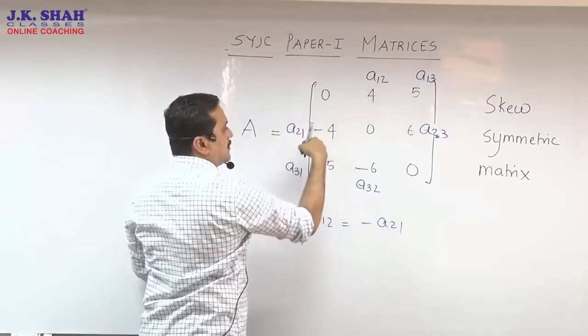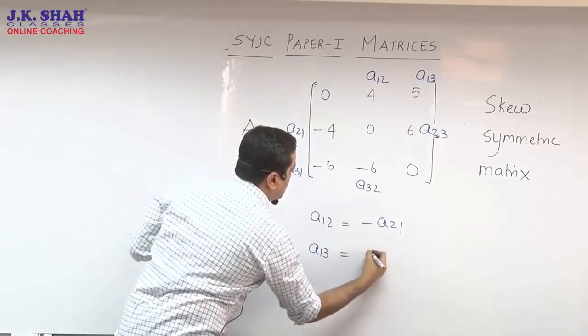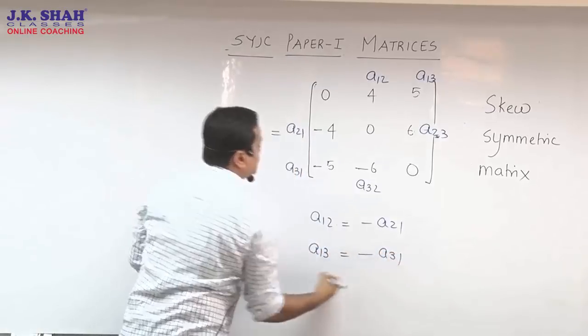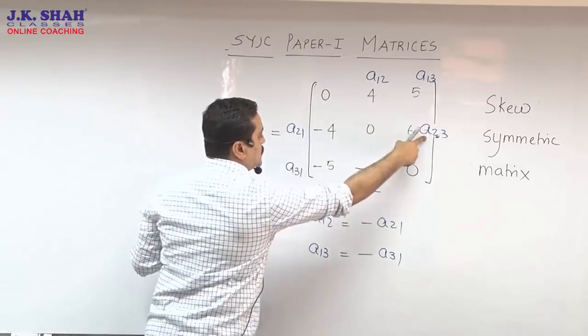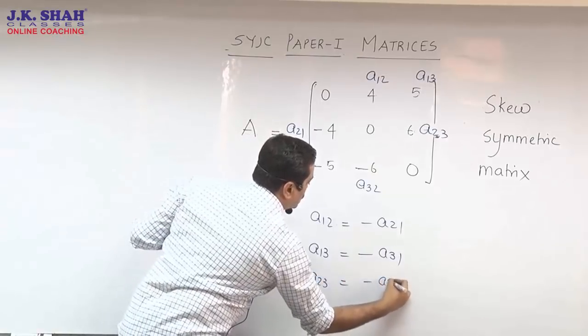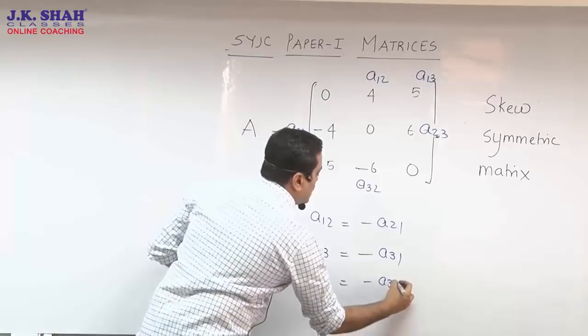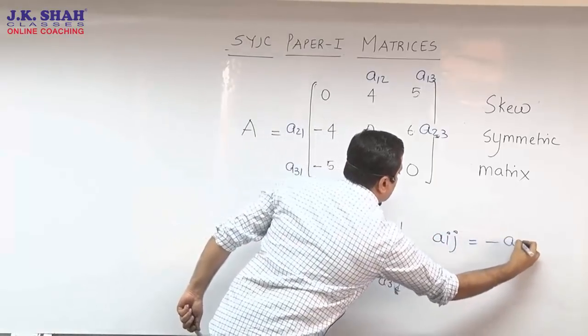Can you all see that? Taking 5 and minus 5, A13 is equal to minus A31. Please pay attention. A23 is equal to minus A32. So can I say in general Aij is equal to minus Aji.